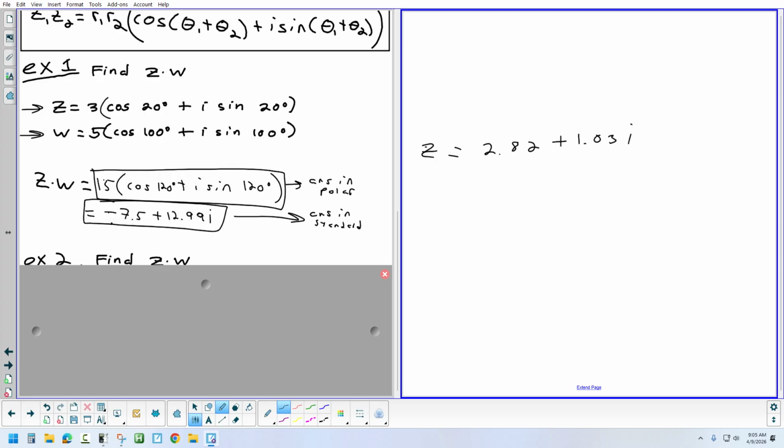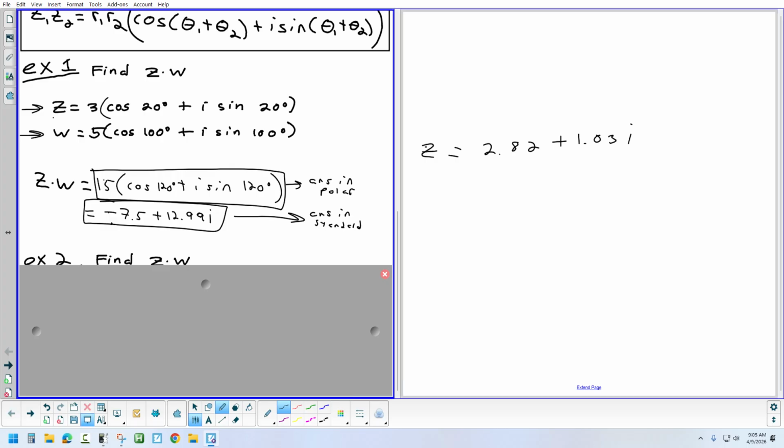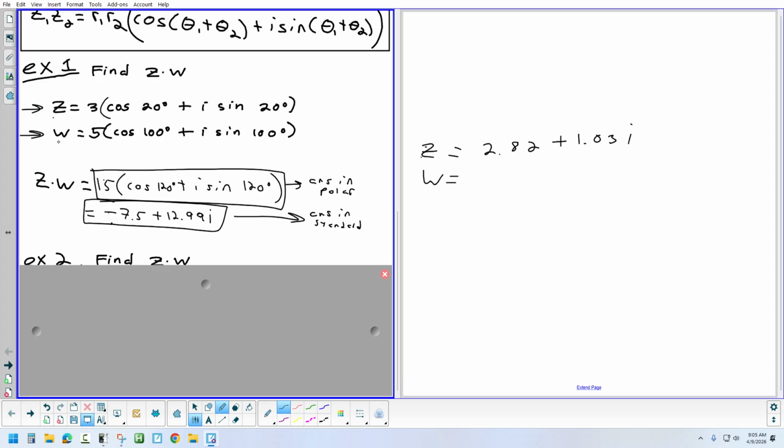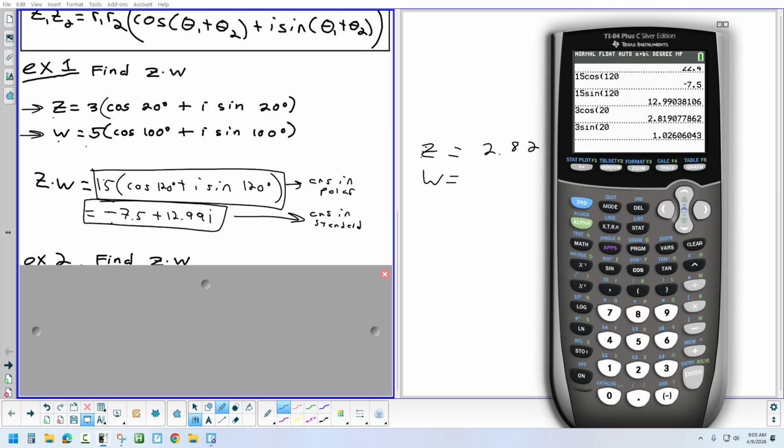Okay, so that's the number they gave me in polar. That's the same number they gave me changed back to standard. The second number, that's what they gave me in polar, and now I'm going to make it standard. 5 times the cosine of 100 gives me negative 0.87.